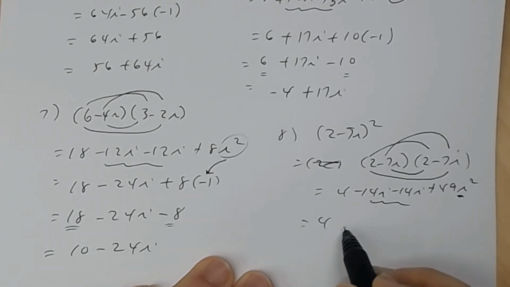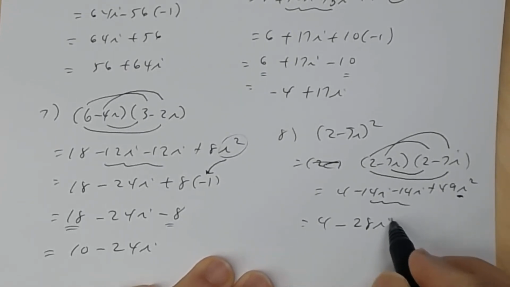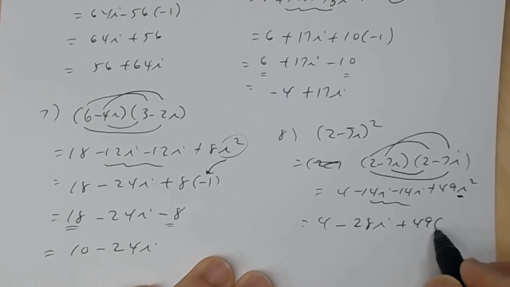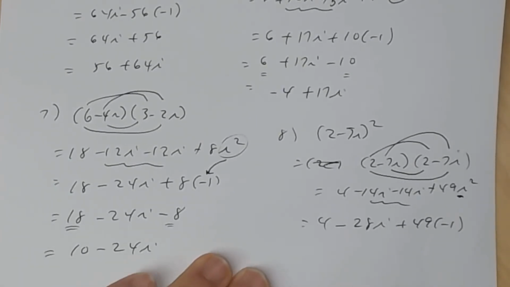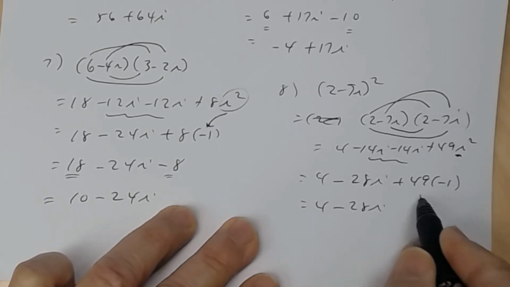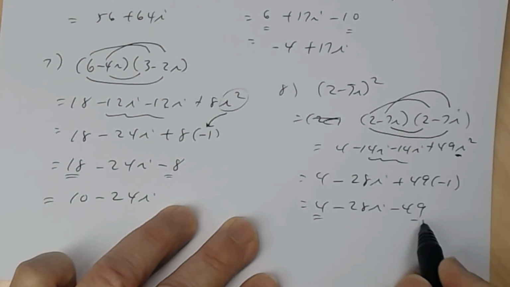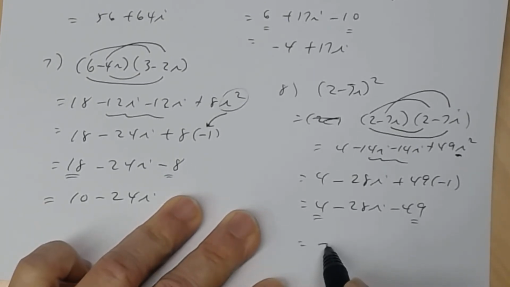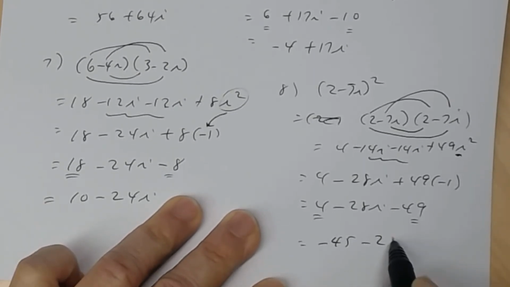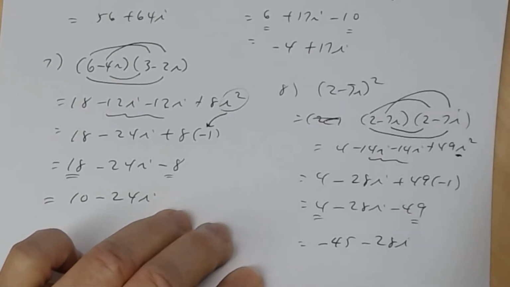I get 4 minus 14i, and the other negative 14i makes a negative 28i, plus 49 times a negative 1. So then this becomes 4 minus 28i, and then positive 49 times negative 1 is a negative 49. Combine like terms, I get negative 45 minus 28i. So that's number 8: negative 45 minus 28i.